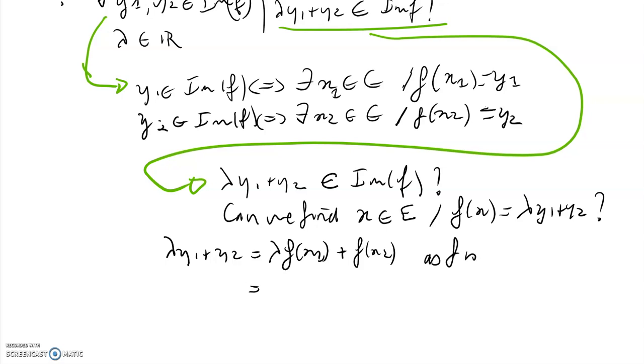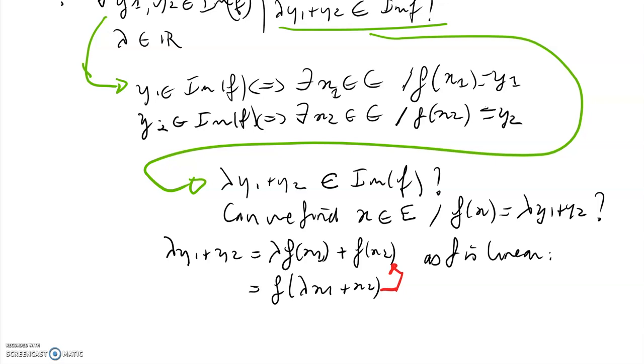As f is linear, we can put all these together and get that this is equal to f of lambda x1 plus x2. Usually we use that the other way around: we say that by linearity, f of lambda x1 plus x2 is equal to the linear combination of the images, but it works both ways because it's an equality.